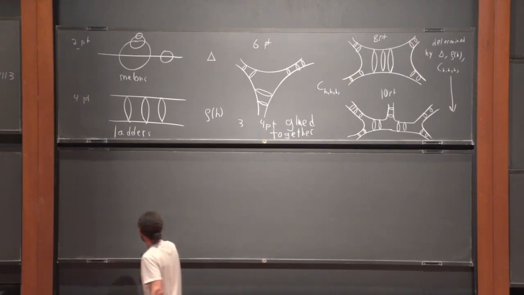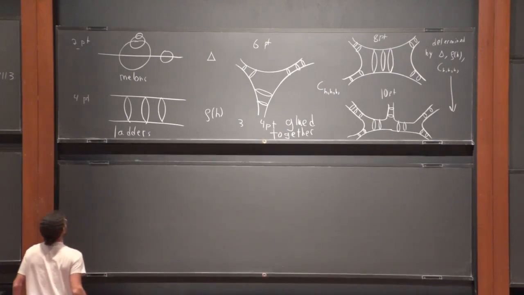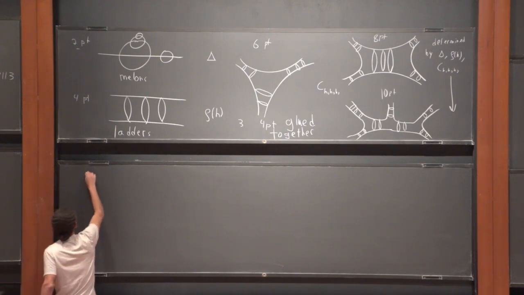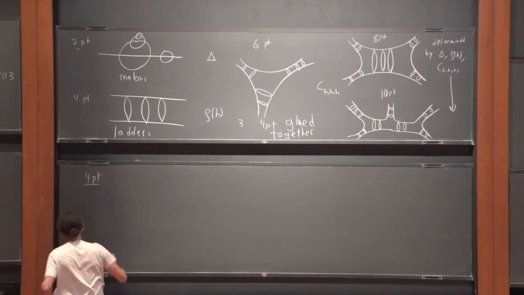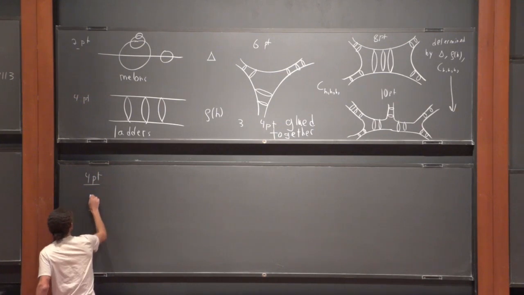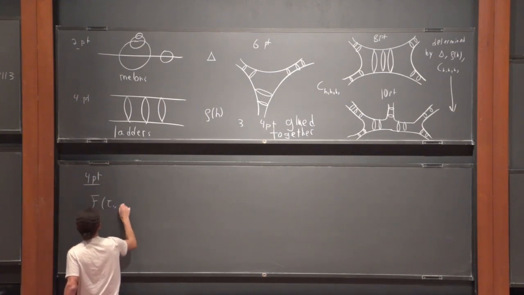So for the 4-point function, we can think about a general CFT and represent the 4-point function as a contour integral.